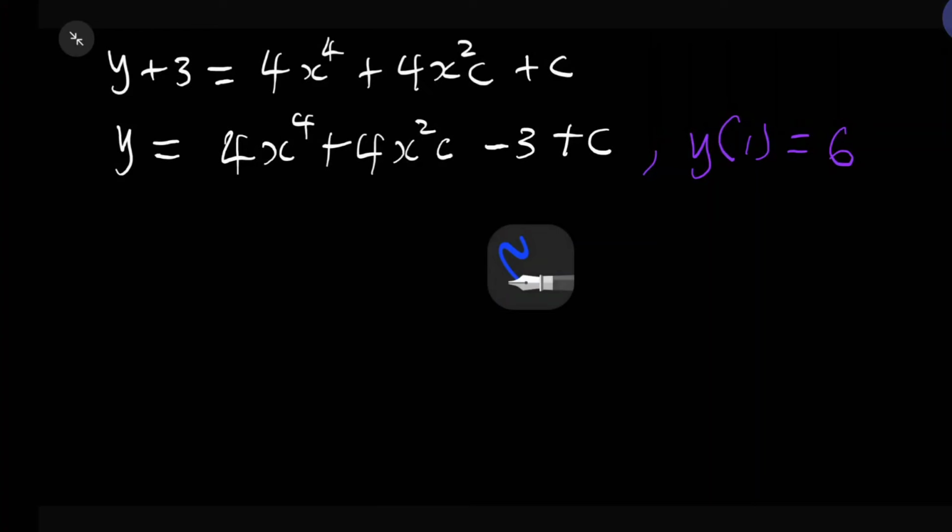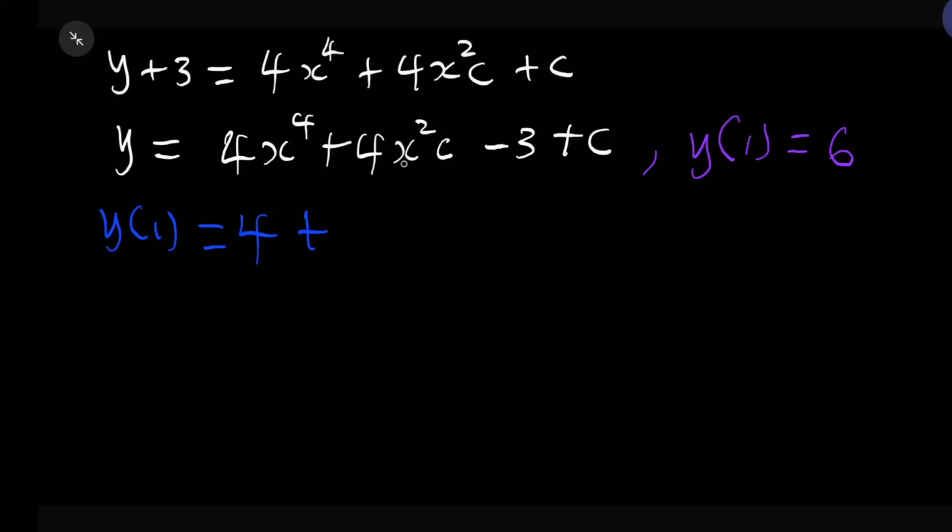So now we have y of 1 equals 4. 1 raised to power 4 is 1, 1 times 4 is 4, plus 1 raised to power 2 is 1, times 4 is 4, times c, that's 4c, minus 3 plus 1. So that gives us 4 minus 3, which is 1, plus 1. That gives us 2.